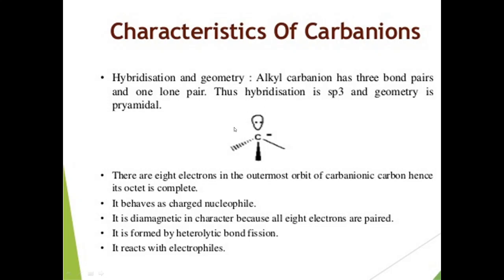Again, if there is a homolytic fission of a carbon bond, the species generated are radicals. But when heterolytic fission occurs, the ions are anion or cation. So this carbon anion is formed by the heterolytic fission of a carbon hydrogen bond.